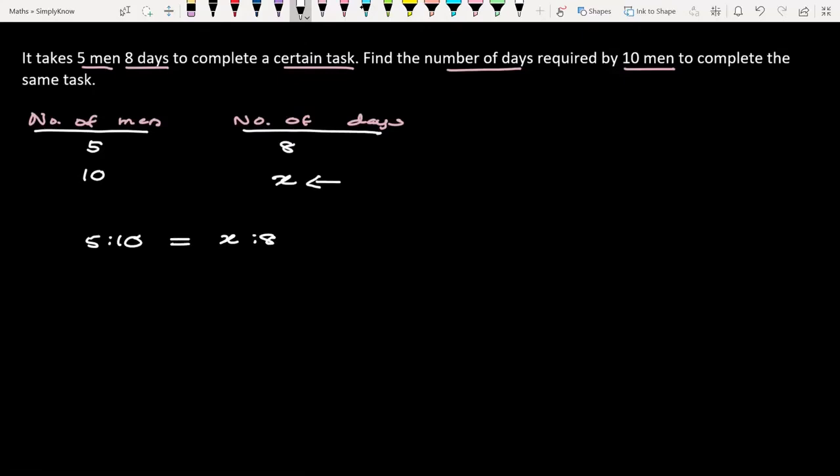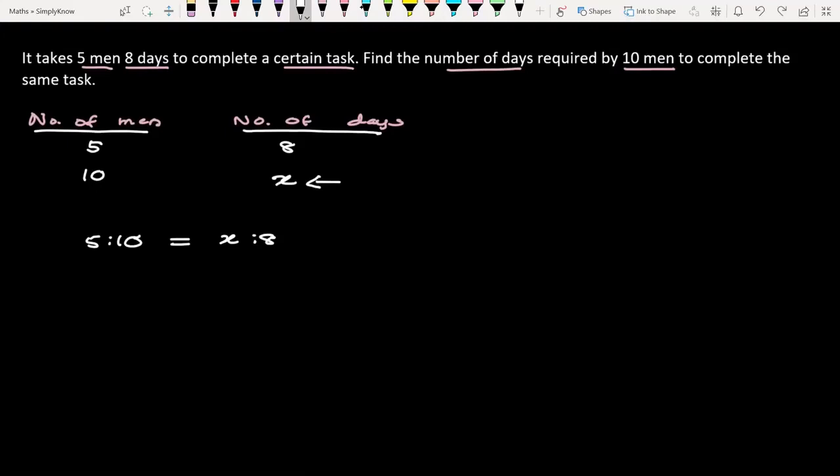And these two ratios will be equal because there is an inverse proportion between the number of men and number of days. So always remember to interchange the numbers of one ratio, either number of men or number of days. Here I have interchanged the ratio of number of days. Even you can interchange the ratio of number of men.